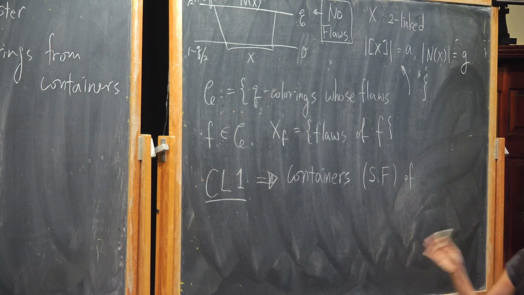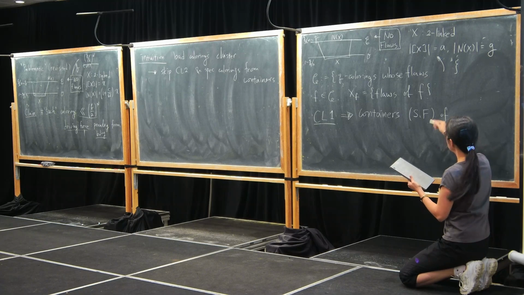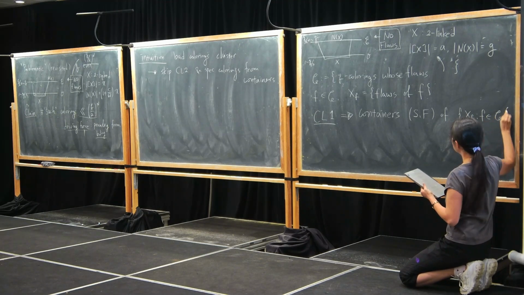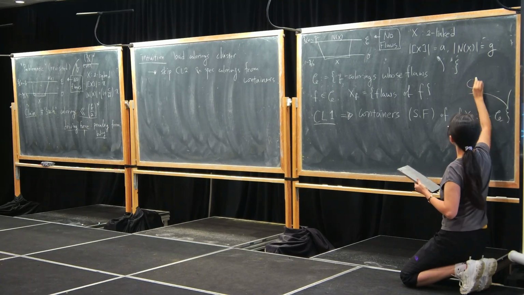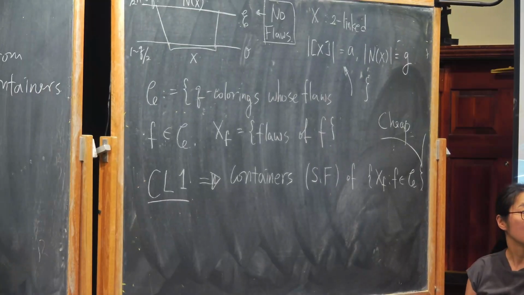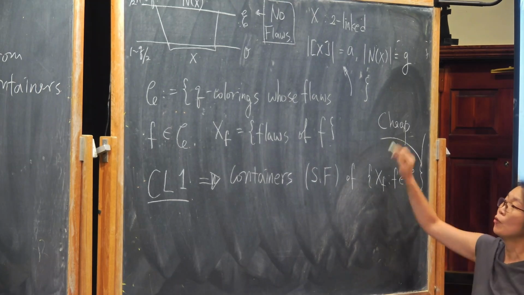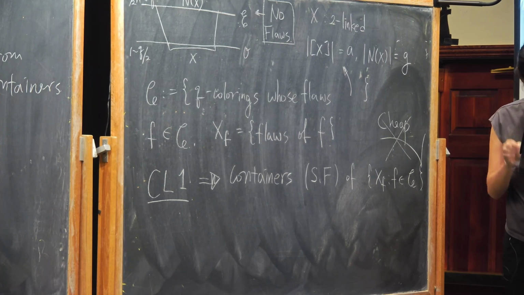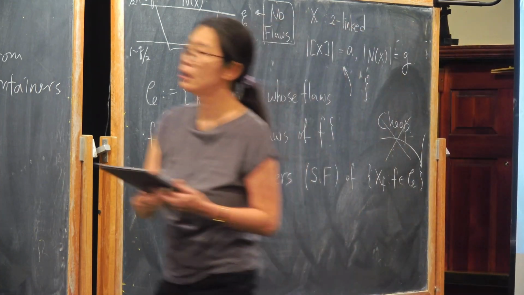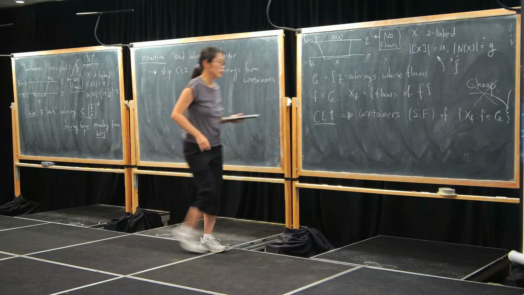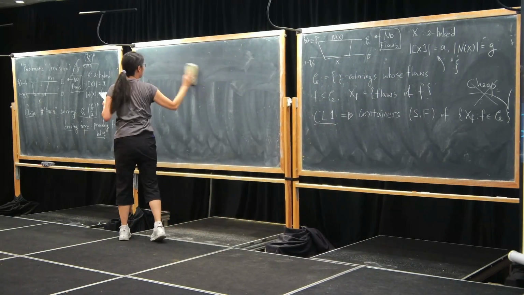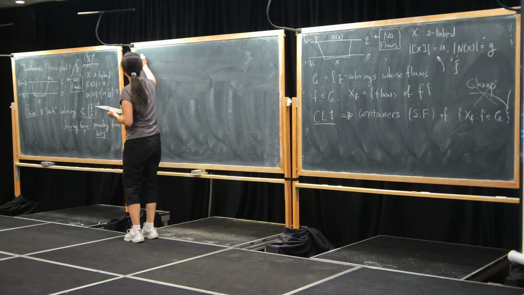That's what we discussed last time, and this is what we will prove in the next lecture. So this container of the flaws is cheap. And then for the rest of the lecture, we will not care about this cost because this is cheap. And then the claim is this.